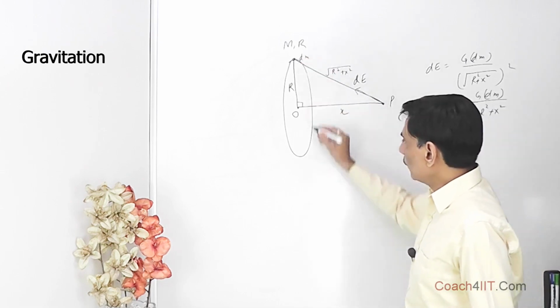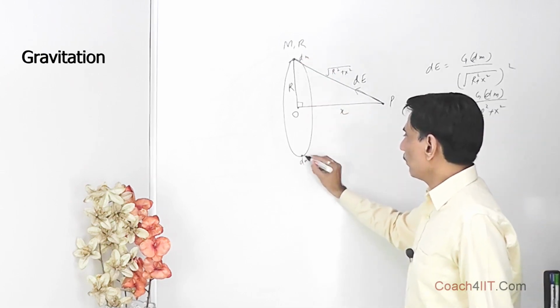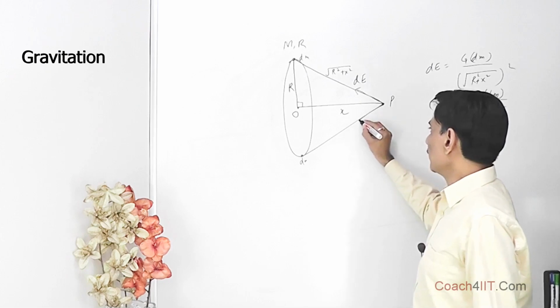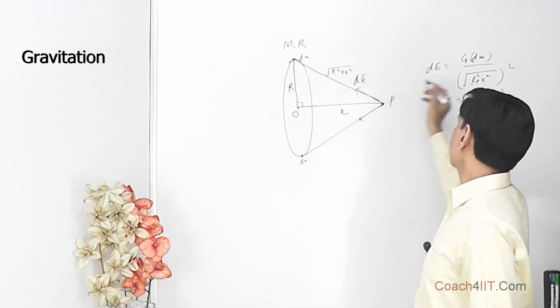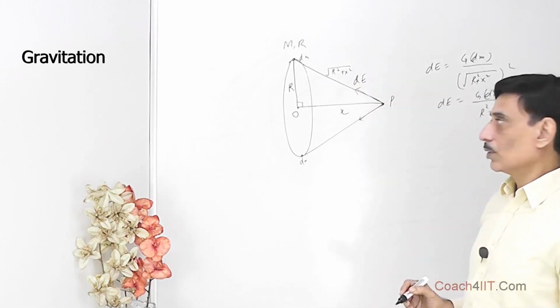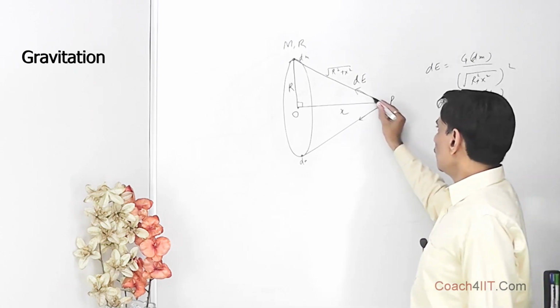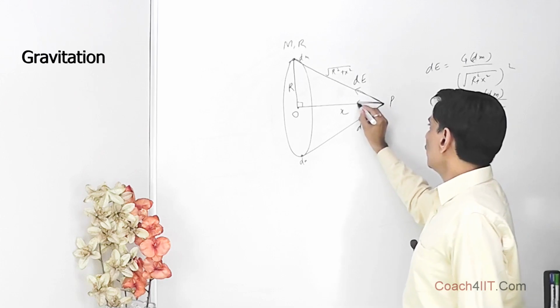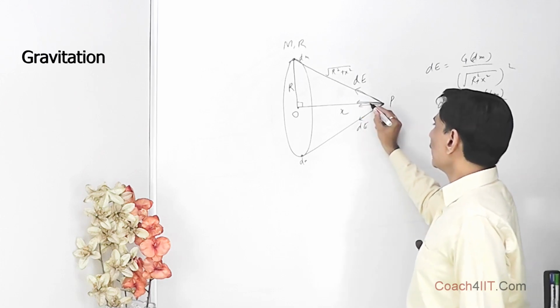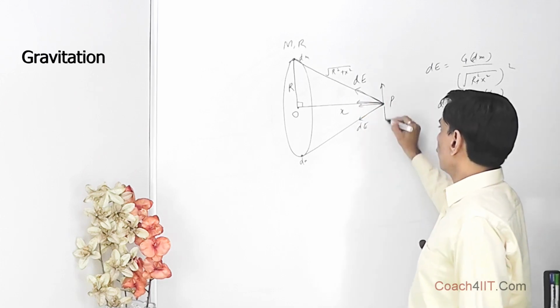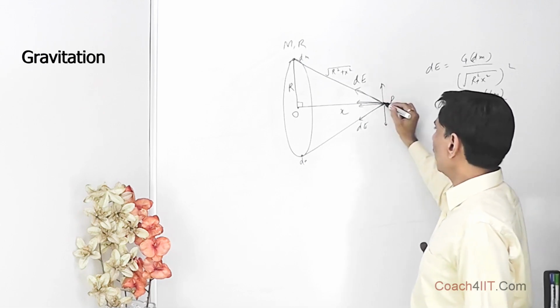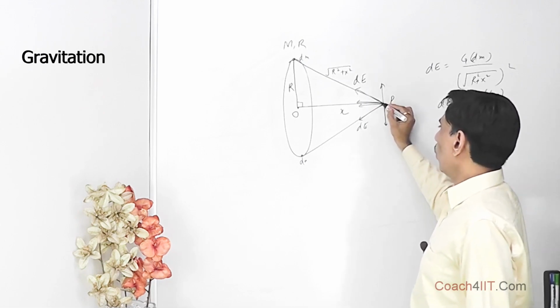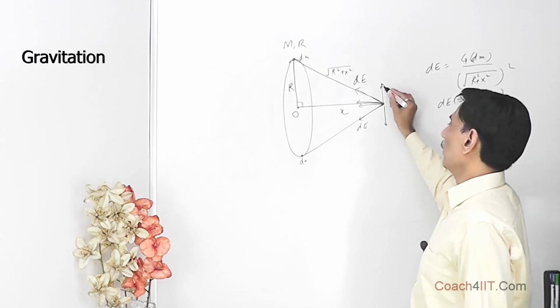Because of this mass, we have gravitational field intensity in this direction. Similarly, diametrically opposite there is also a dm, because of which the gravitational field intensity is in this direction, of the same magnitude. So for this dE and this dE, we can always break each into two components: one along the axis, the other perpendicular to the axis.